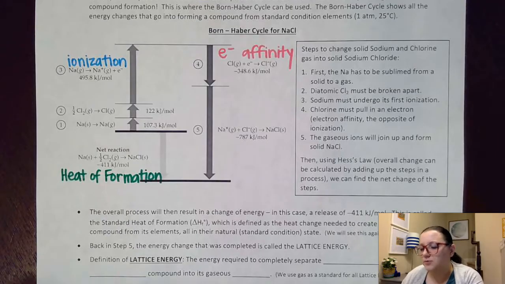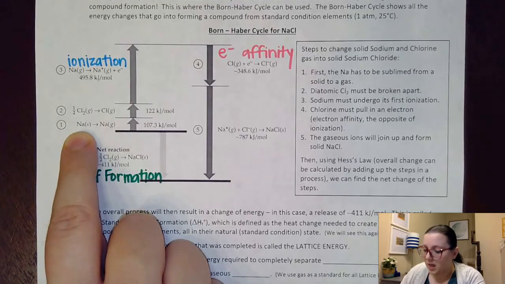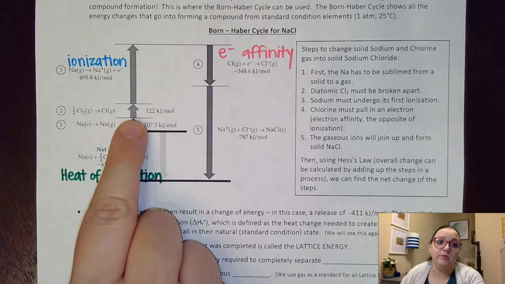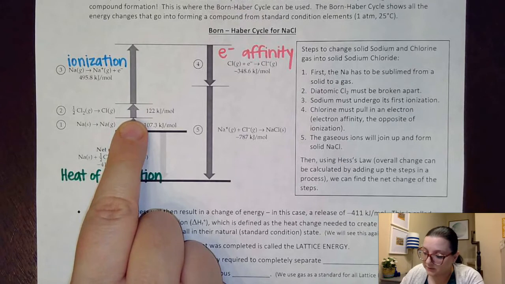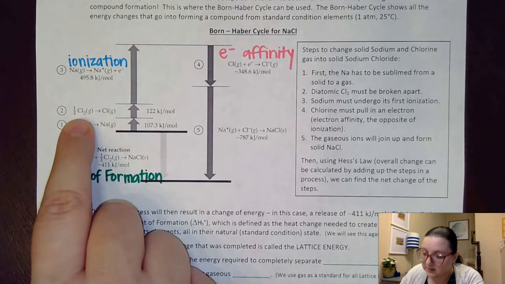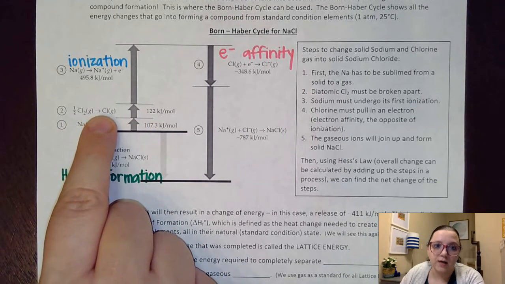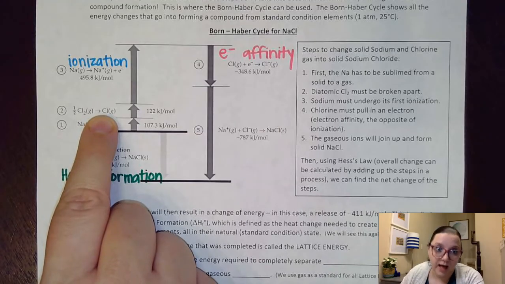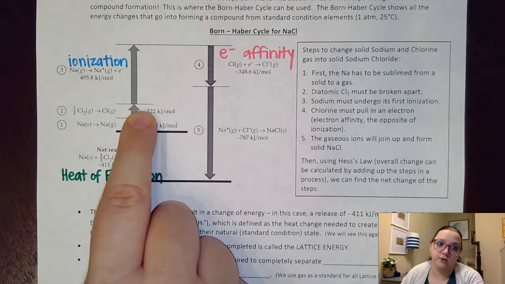However, what we want to be able to do is understand that there's a lot of energy changes that go into forming sodium chloride, into forming table salt. First, you would have to start off with solid sodium and convert it to a gas. That takes an input of energy. Then you would have to take your chlorine gas that's diatomic and break it up into single chlorine atoms. That also takes an input of energy.